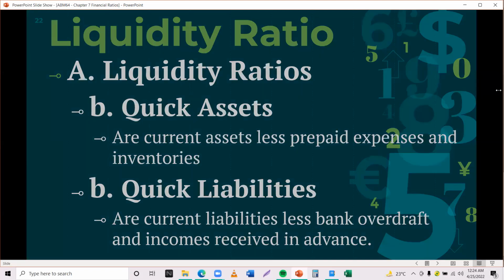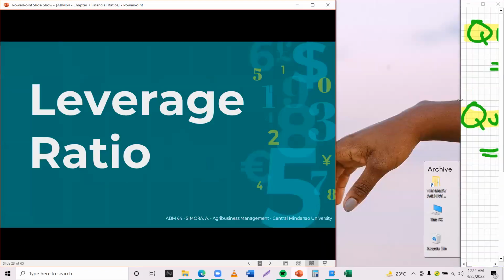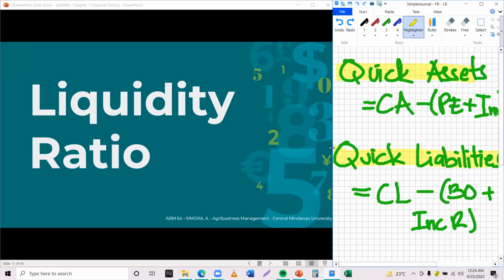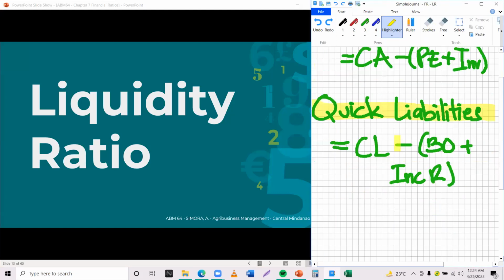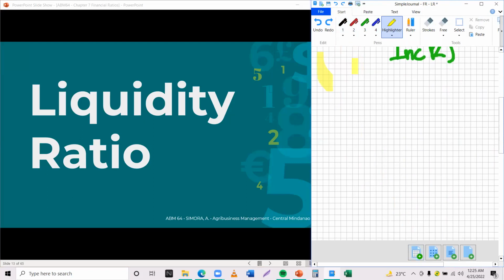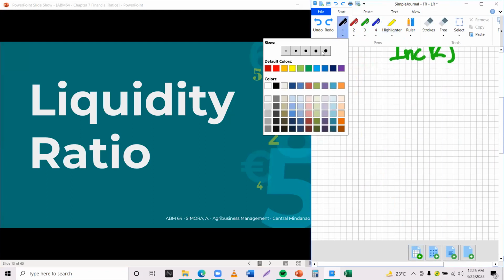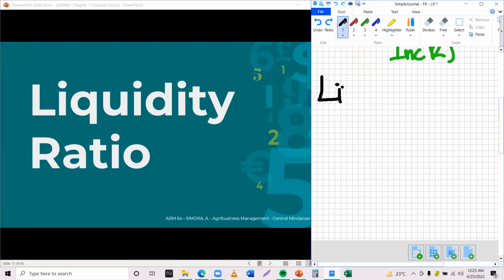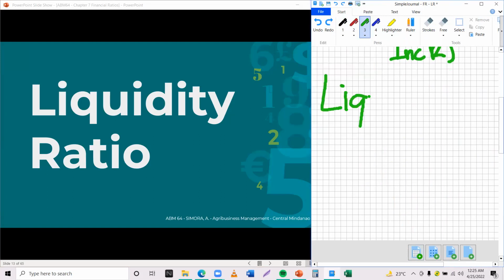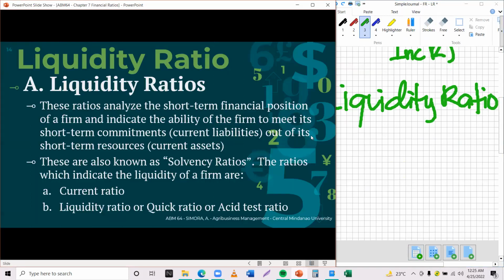Let's do a recap first so you don't get confused. Hopefully you had also taken notes. We have liquidity ratio, and it has two types.